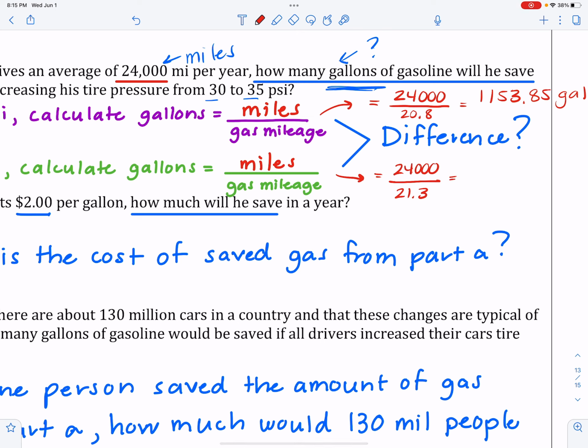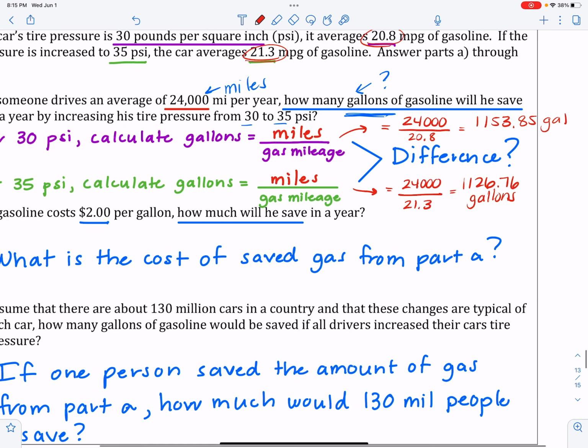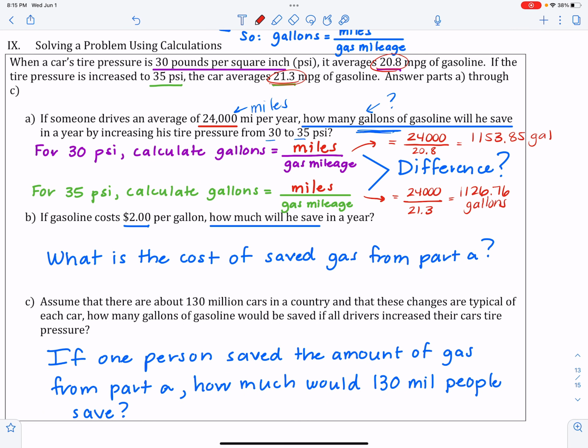I'm going to round this to 2 decimal places. 1,126.76 gallons would be used at 35 pounds per square inch. So I computed it for 30, and I computed it for 35, using my formula.